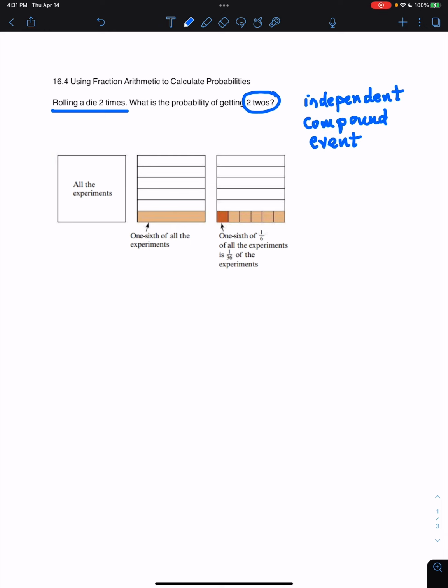We could draw out a tree diagram of this. It would get pretty large, but we can think about the probability first of getting a 2 on the first roll and the probability of getting a 2 on the second roll. We have 6 numbers on a regular die, so our probability of getting a 2 on the first roll is 1 out of 6.